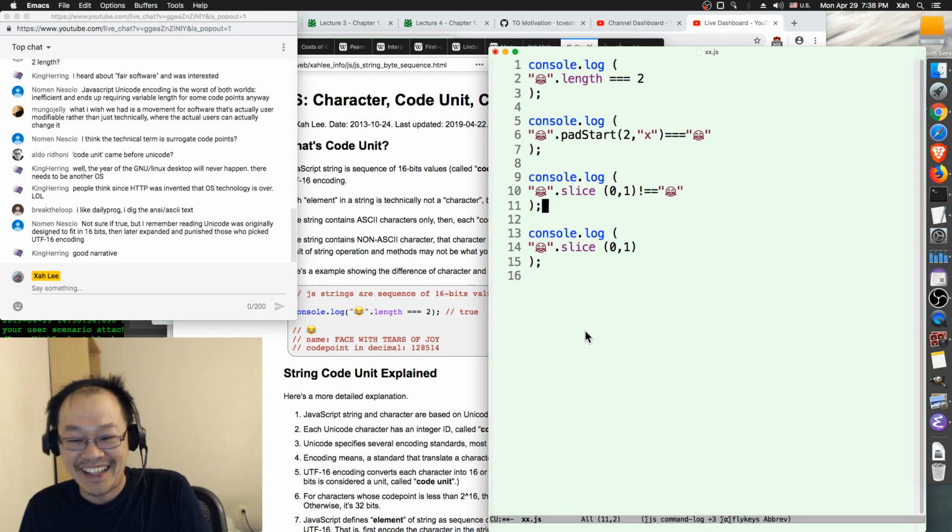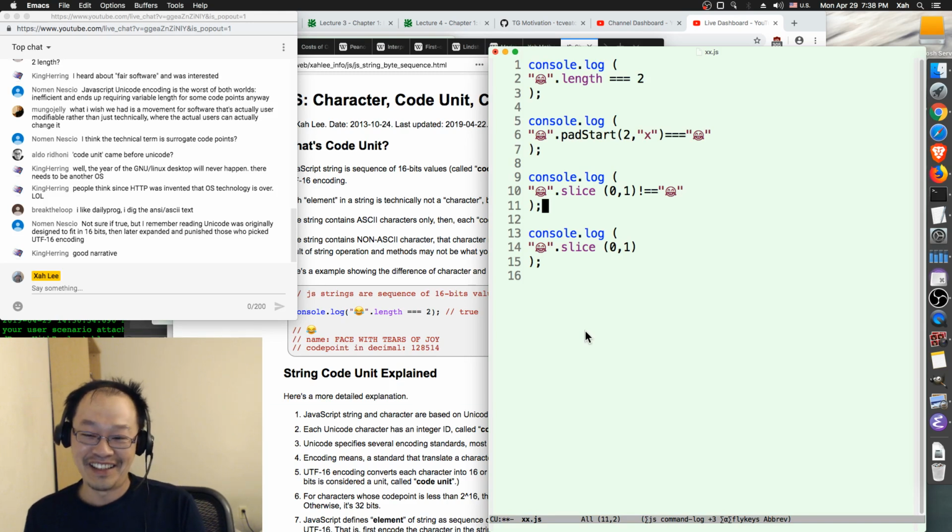I know you guys are probably chanting for UTF-8 because it is from Unix. If you love Unix or Linux, you love UTF-8 because there's a huge amount of propaganda. UTF-8 became so popular today mostly because of backward compatibility with ASCII.